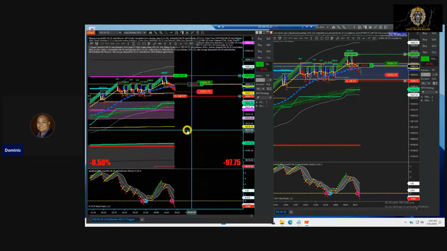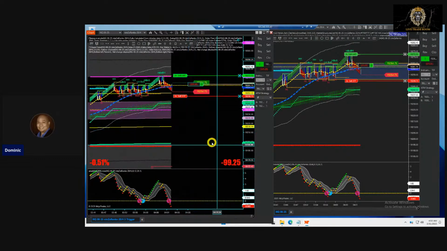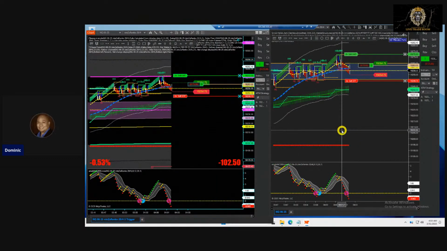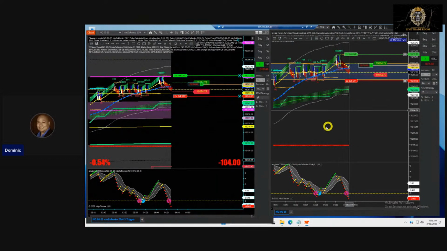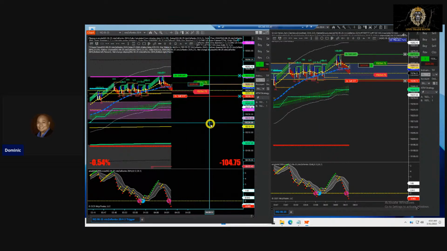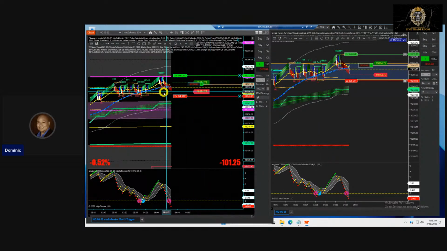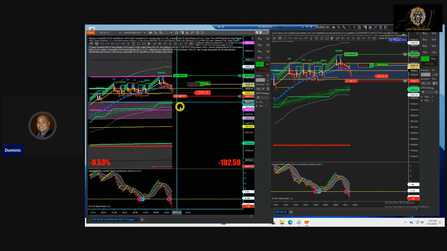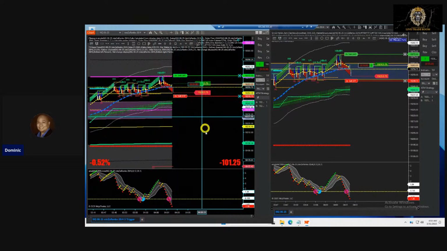Because technically, if I'm looking at this, that's what it looks like. Same thing here. So let's see if they bounce off the mid band again, or even this +0.5 deviation, because that's very good for either support or resistance, depending on where price is coming from.